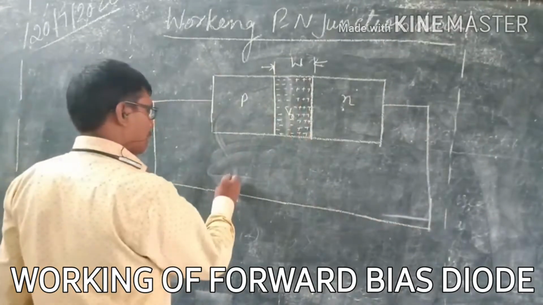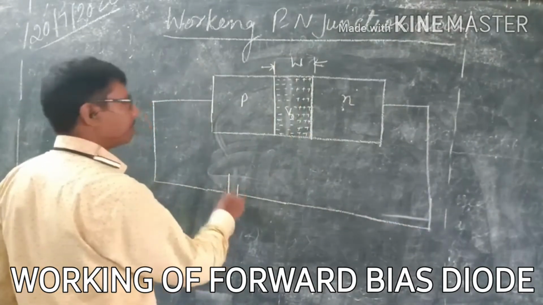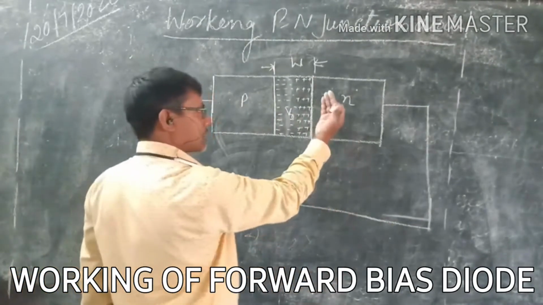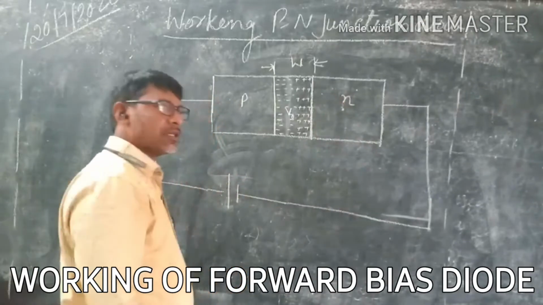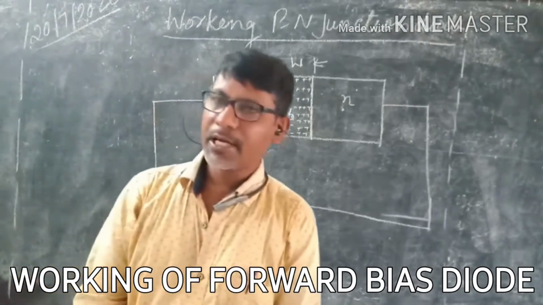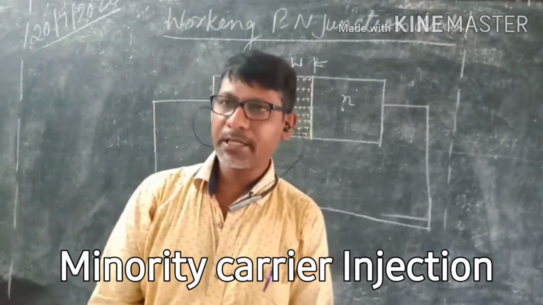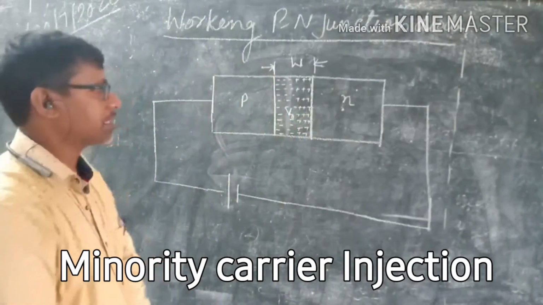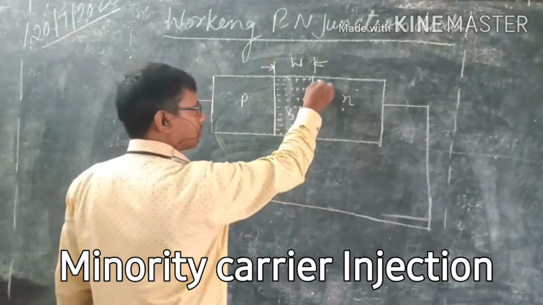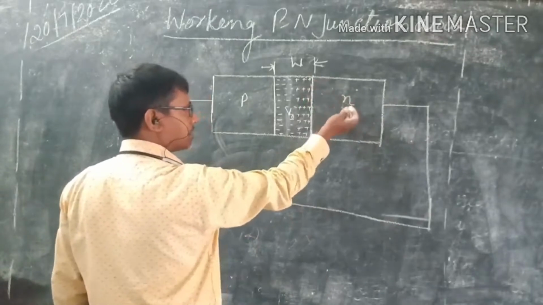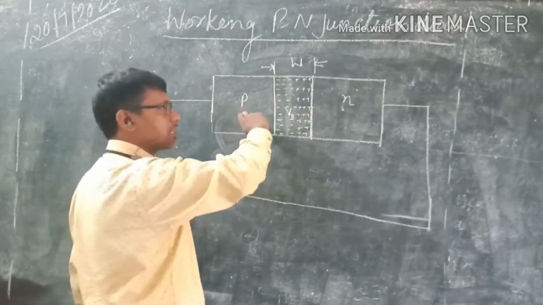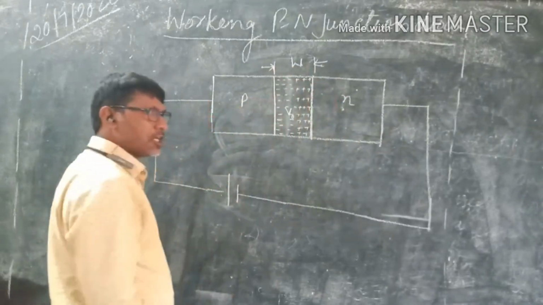Now, as soon as the forward bias is applied, what happens first? The first process that happens is called minority carrier injection. Let us see what minority carrier injection is. As soon as this forward bias is applied, the electrons on the N side move towards the P side and holes on the P side move towards the N side.